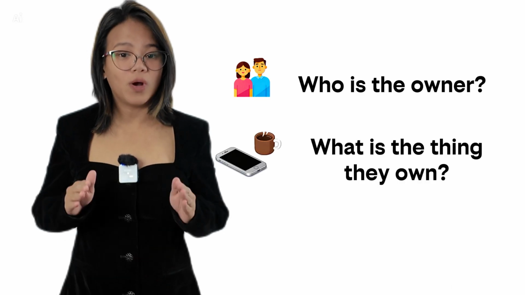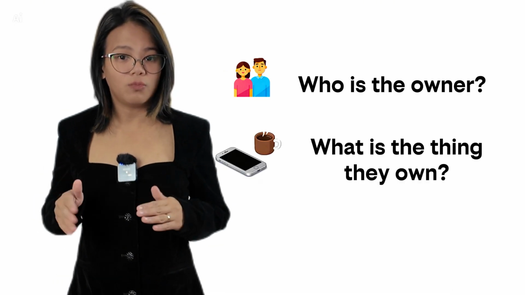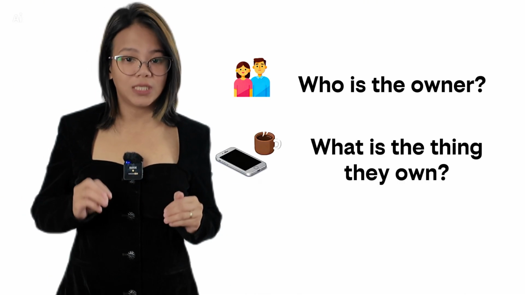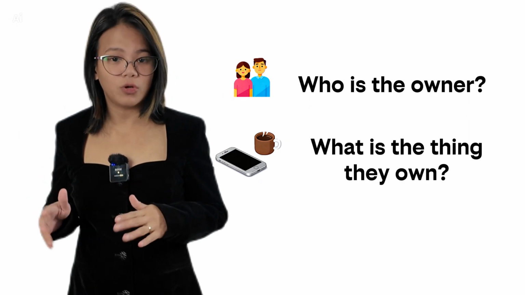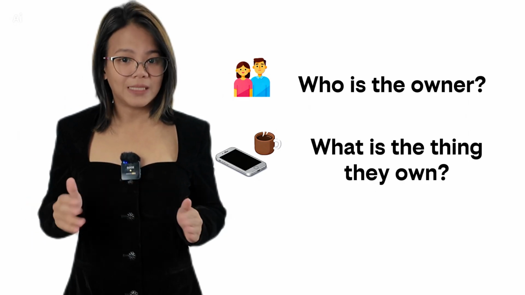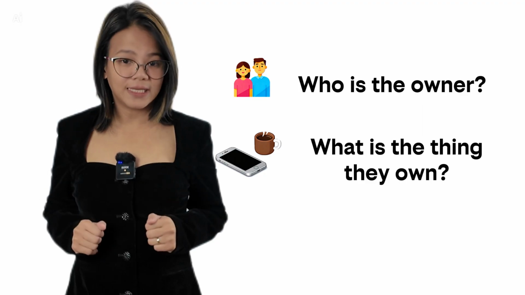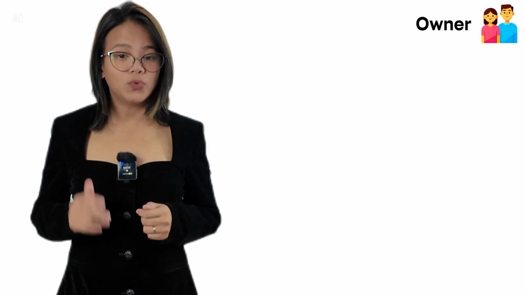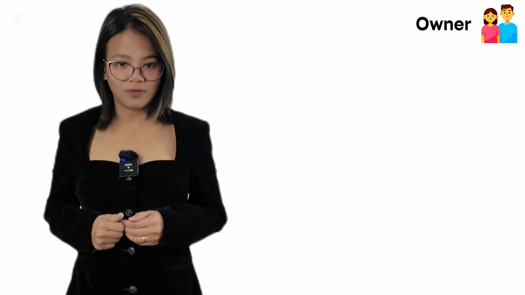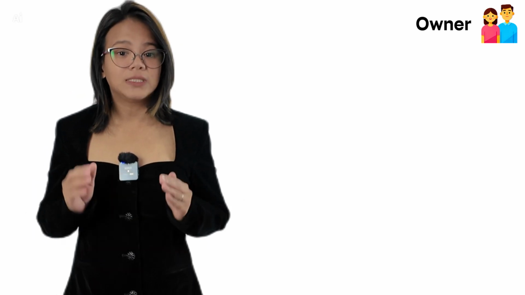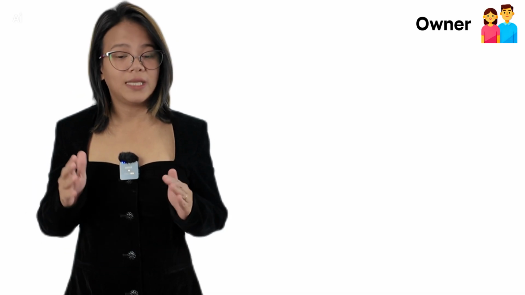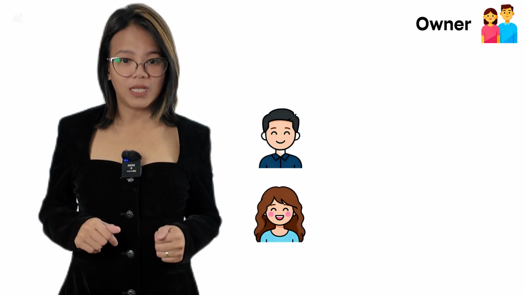So you need to think about two things. Who is the owner and what is the thing they own? More specifically, what is the gender of the thing they own? Both of these matter in Serbian. Let us discuss the owner first. For this part, you need to remember two suffixes. The suffix depends on whether the owner is masculine or feminine.